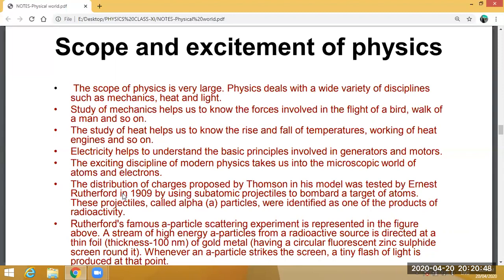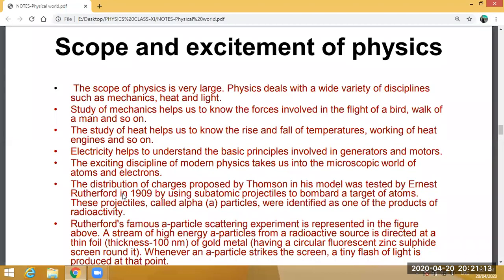So if someone asks you to study physics, the first question is: why should I study physics? What is the scope of physics? What is the benefit of physics to our society, our civilization, the world, and humankind?